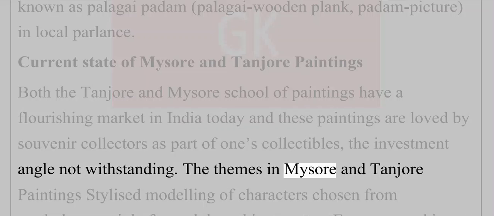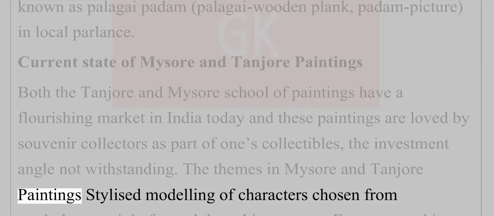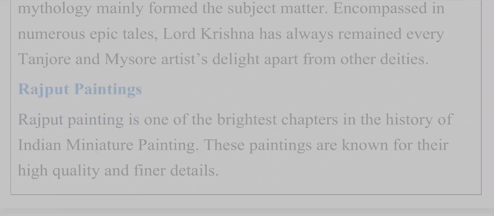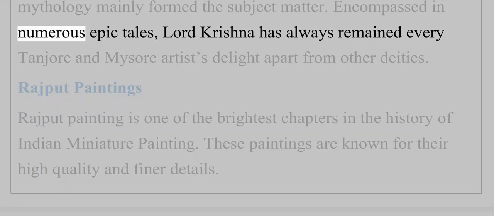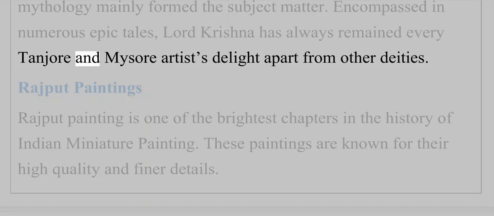The themes in Mysore and Tanjore paintings, stylized modeling of characters chosen from mythology, mainly formed the subject matter. Encompassed in numerous epic tales, Lord Krishna has always remained every Tanjore and Mysore artist's delight, apart from other deities.